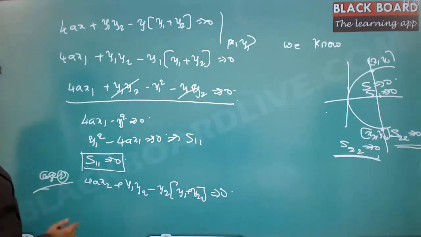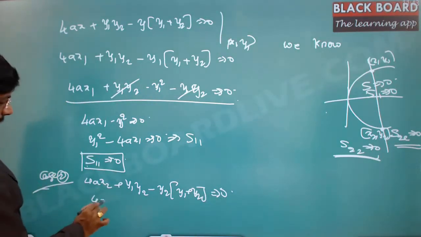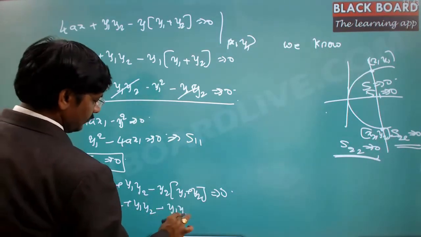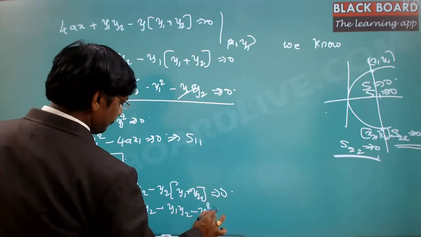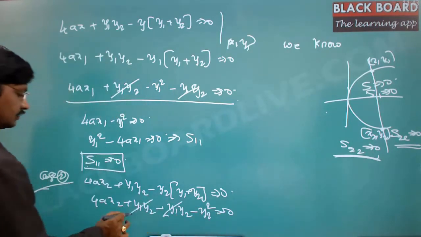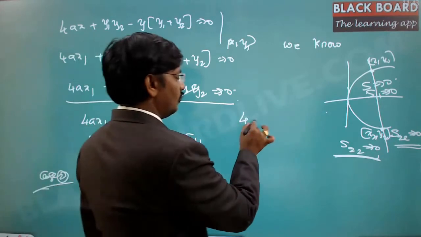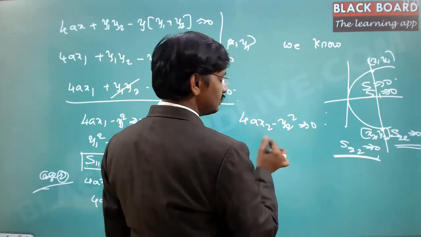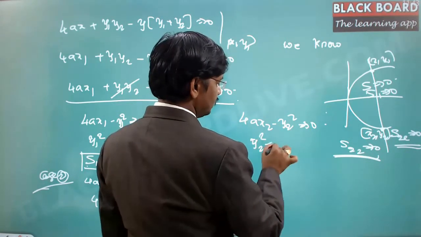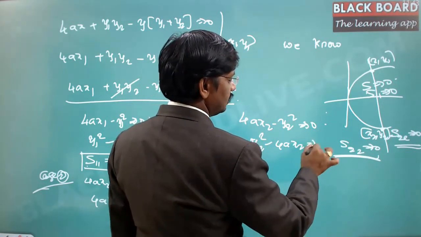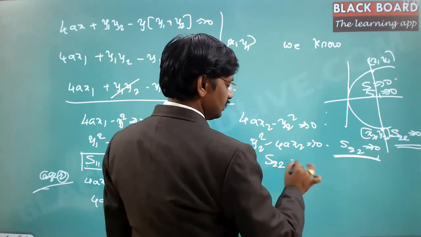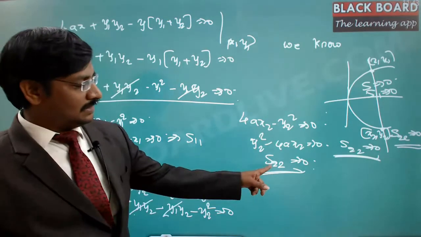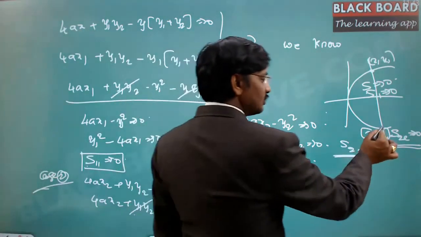So 4a x2 plus y1 y2 minus y1 y2 minus y2 square equals 0, so the y1 y2 terms cancel out, and 4a x2 minus y2 square equals 0, or y2 square minus 4a x2 equals 0, which means this is S22 and it comes out to be 0.